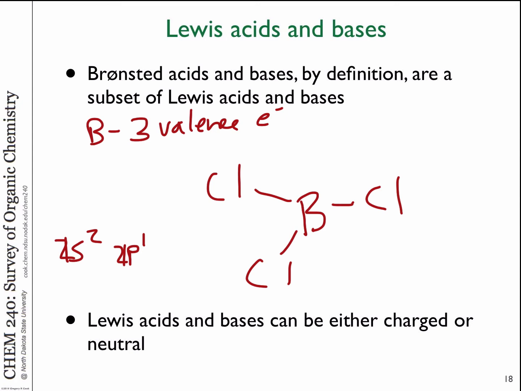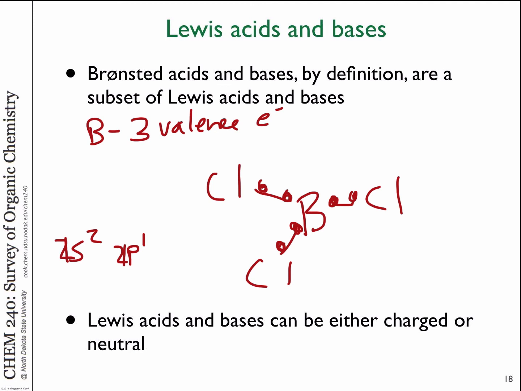So in each of these covalent bonds, one electron came from boron, 1 from chlorine, 1 from boron, 1 from chlorine, 1 from boron, 1 from chlorine. How many electrons now around boron? 6, right? It doesn't have a filled octet. Although it's relatively stable because it's neutral, if you add more electrons, those electrons have to come from somewhere else. So that means it would have to gain a negative charge if it adds more electrons.